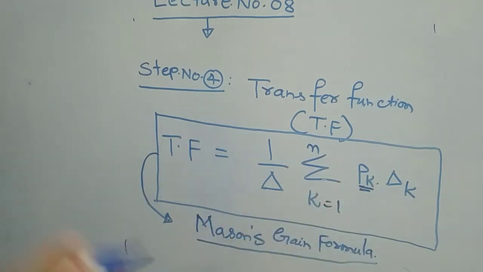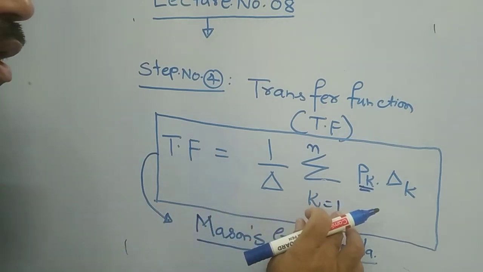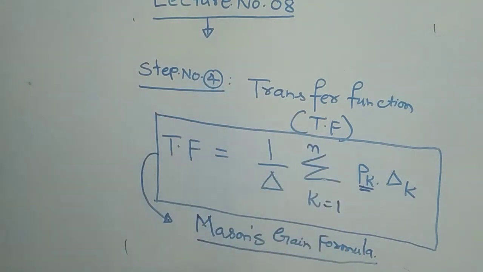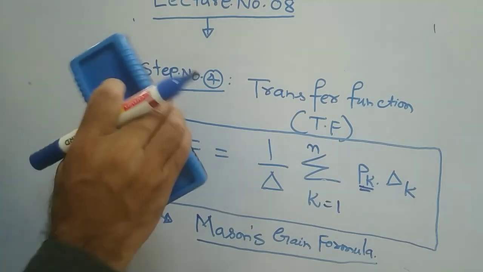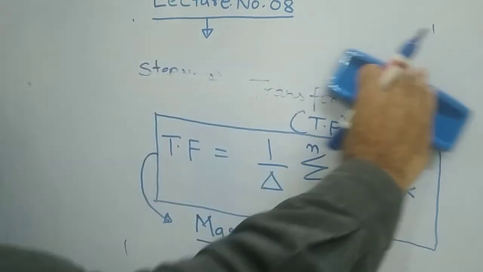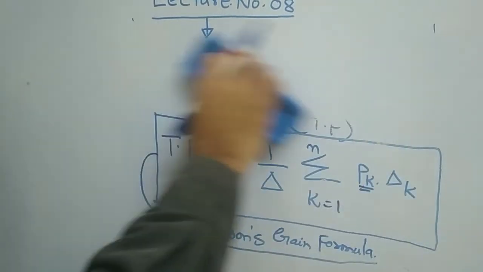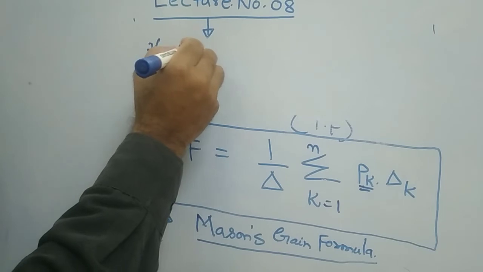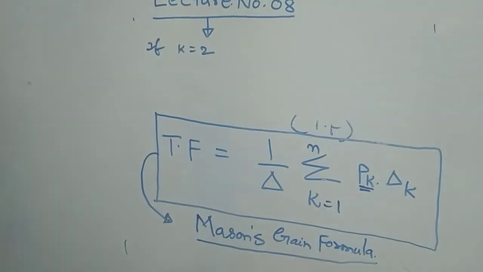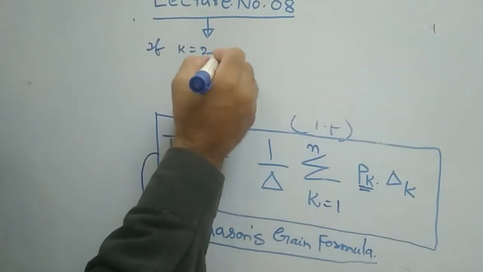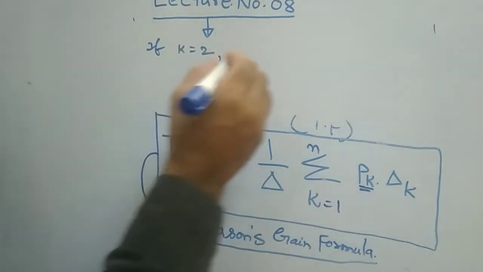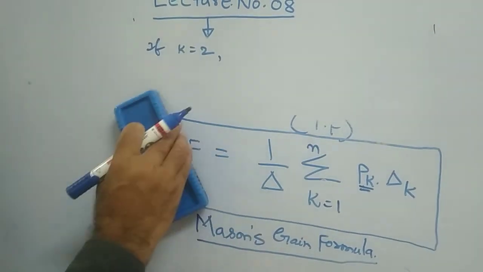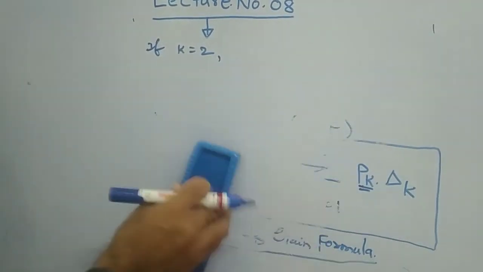Say for example, if k is equal to 2, you have number of forward paths 2. I am erasing here and I will explain.